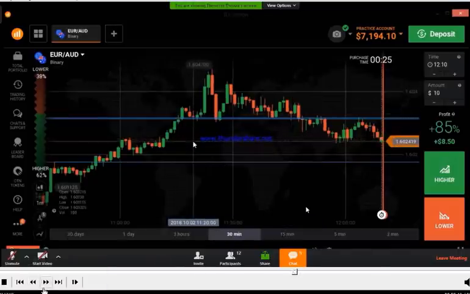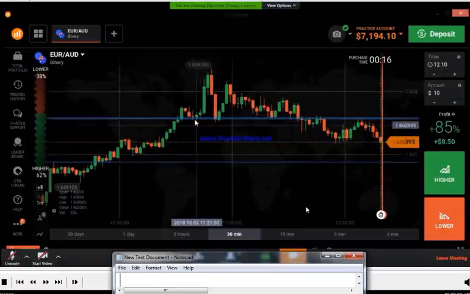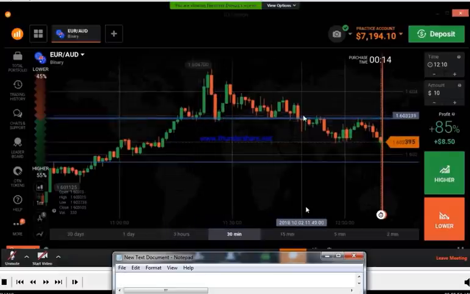You can't win each and every trade on the strong levels, but your winning ratio will be good, right? Your winning ratio will be good. You can see it reverse.